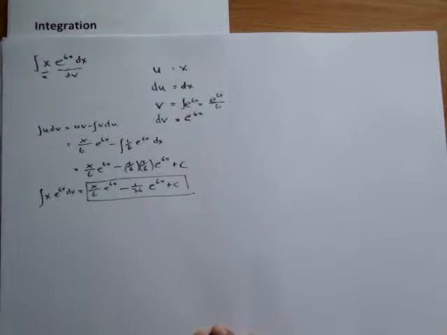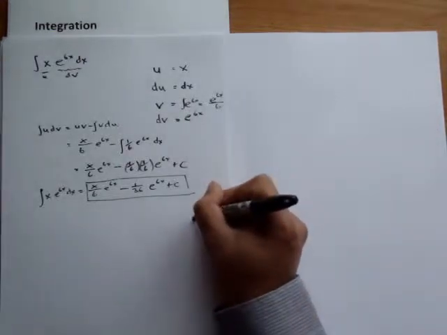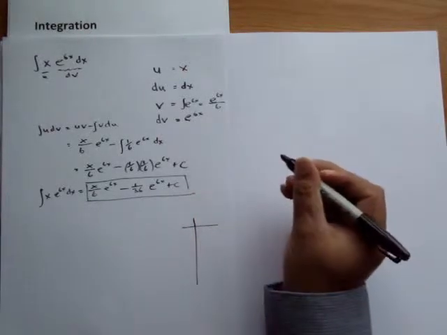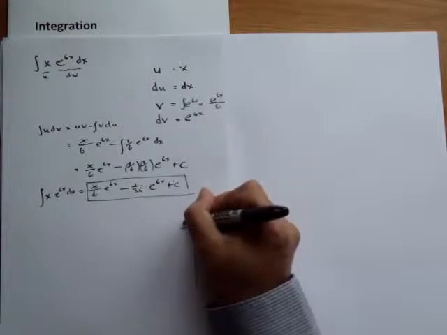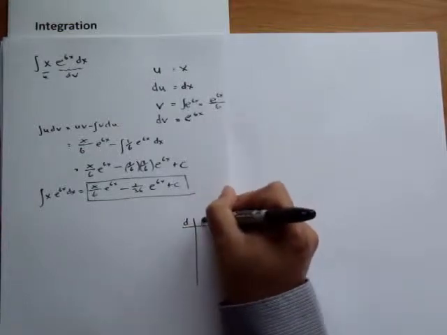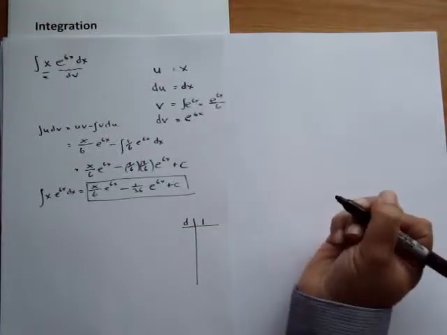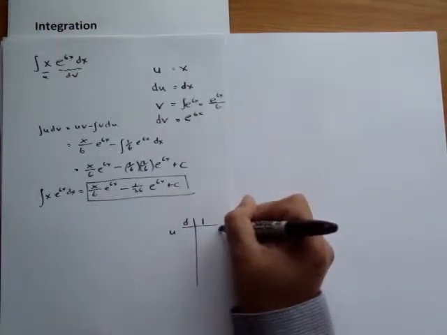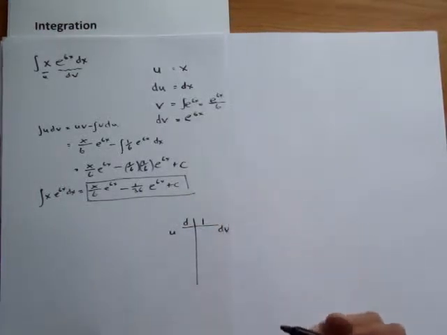Another way of doing this would be in a tabular form. So if we have a table, in this part we're going to differentiate, and in this part we're going to integrate. This part is u, and this then would be dv.